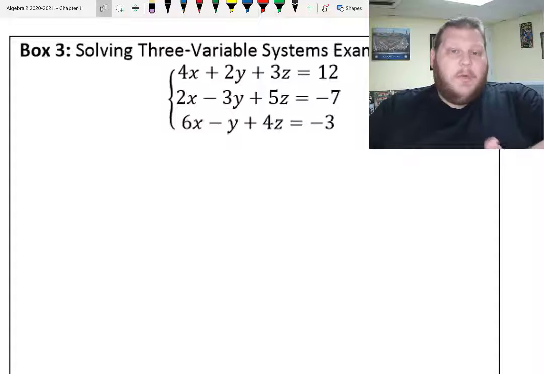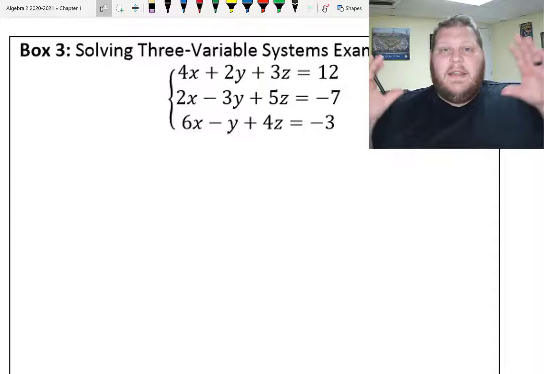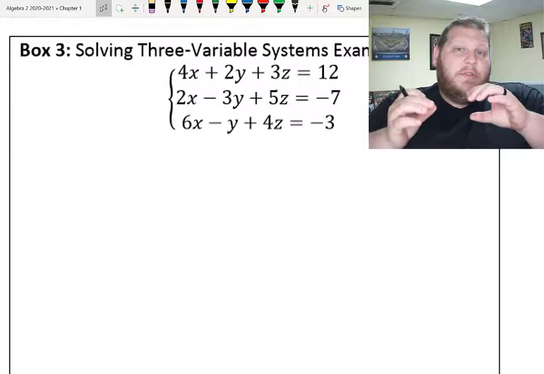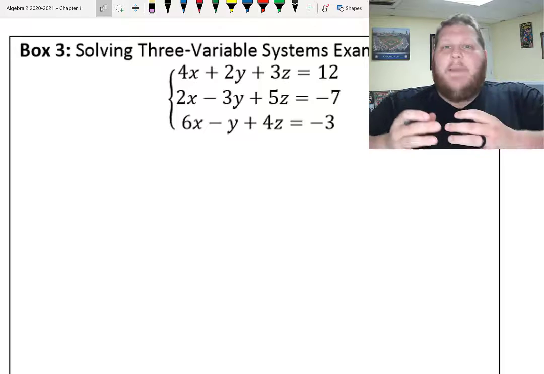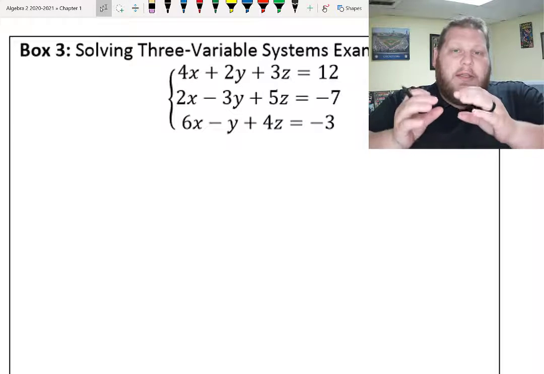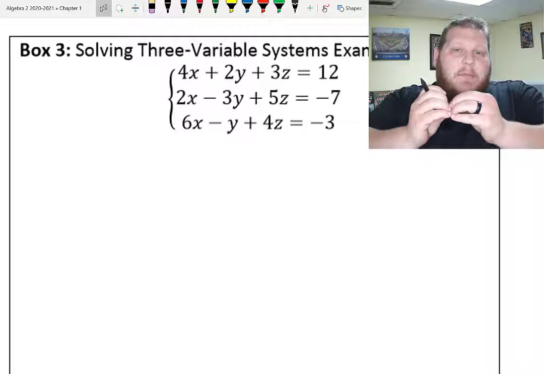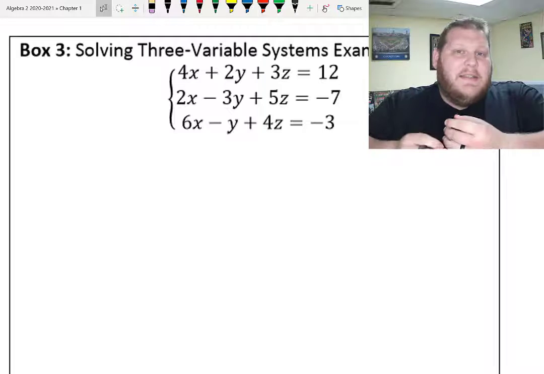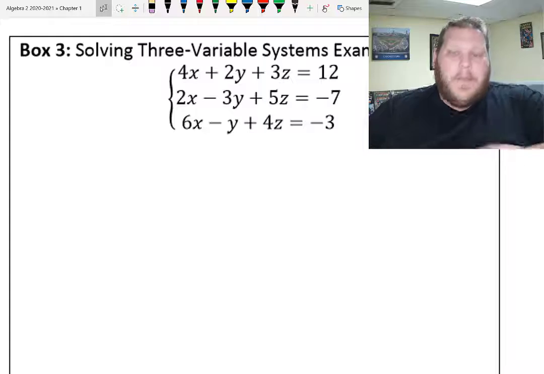So if I have 3 equations and 3 variables right now, our first step is going to be to convert this or rearrange this, add this together, manipulate it in some way so that I can take these 3 equations with 3 variables and condense it down into 2 equations with 2 variables. And then I'll just repeat that process over again. Once I have it into 2 variables with 2 equations, I'm going to condense it down again using those same processes to get it down to just a single equation, single variable.